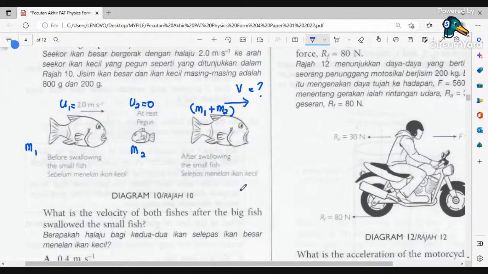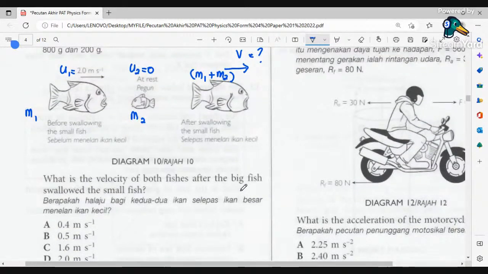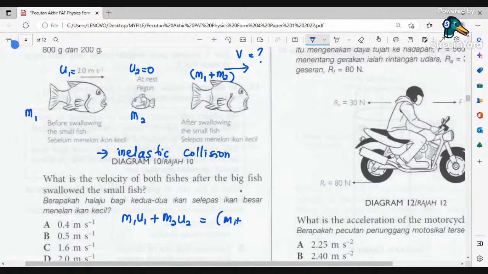Okay, so now we try to apply principle of conservation of momentum, which states that total momentum before equals to total momentum after. So if you remember, this one is inelastic collision, because the two objects move together with common velocity after collision. Okay, so we call it inelastic collision. So m1 u1 plus m2 u2 equals m1 plus m2 v.